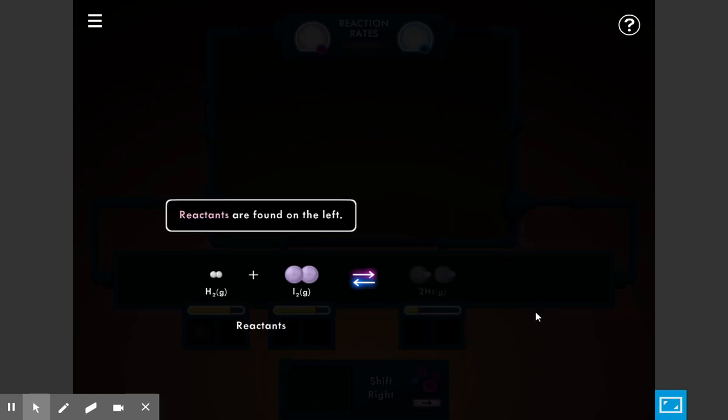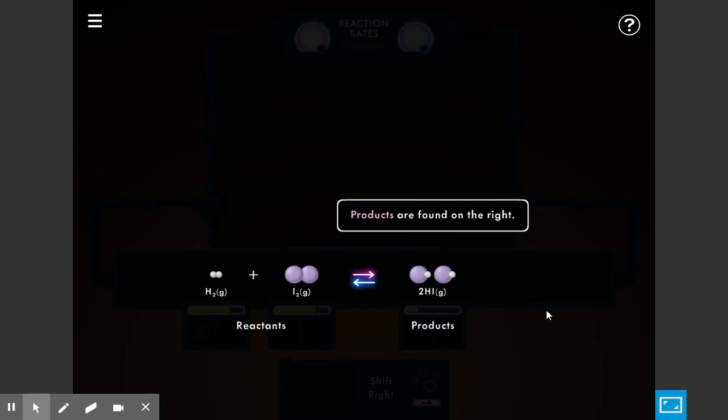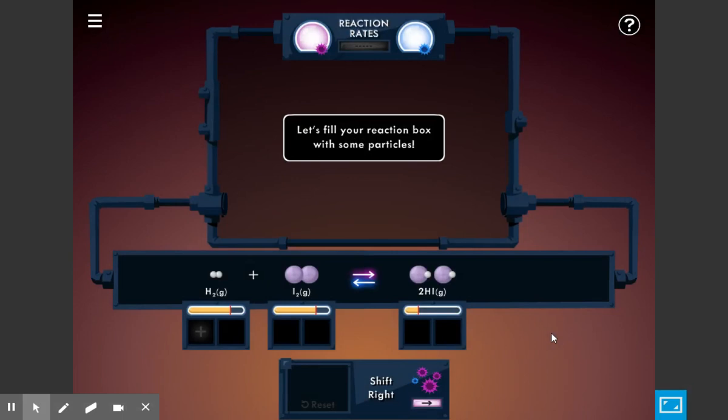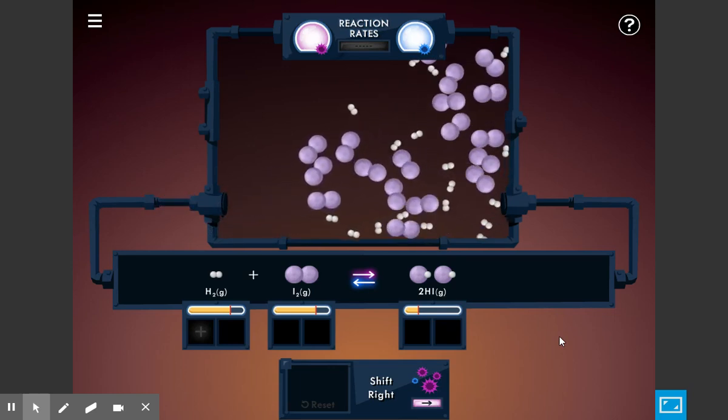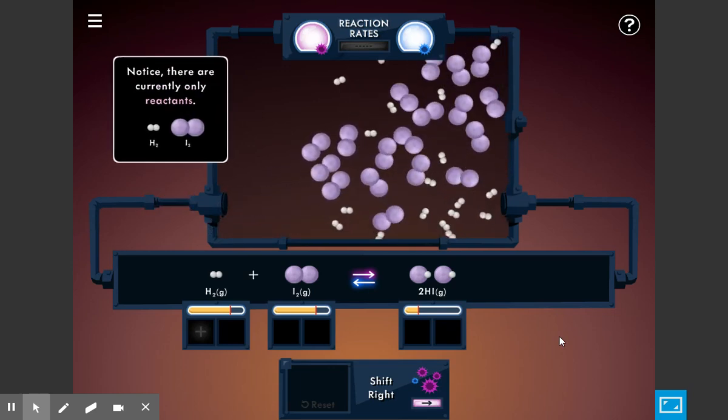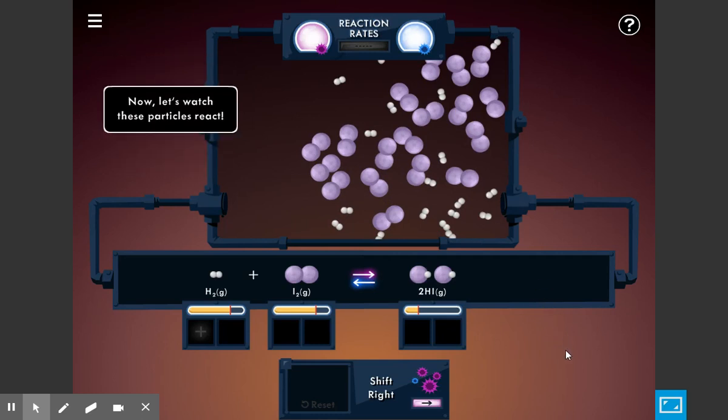We know the reactants are on the left. We know that the products are found on the right. In the container, they're going to put some particles, and they're only putting reactants in at this point in time. There's only H2 and I2. They're going to start to react.